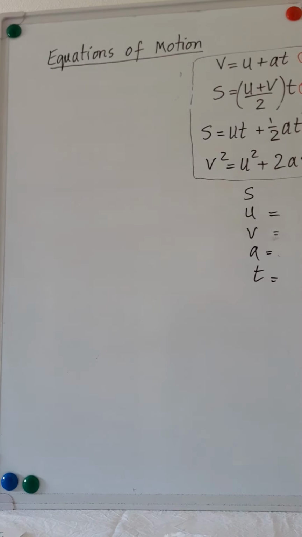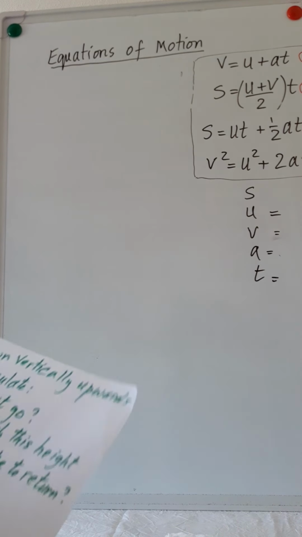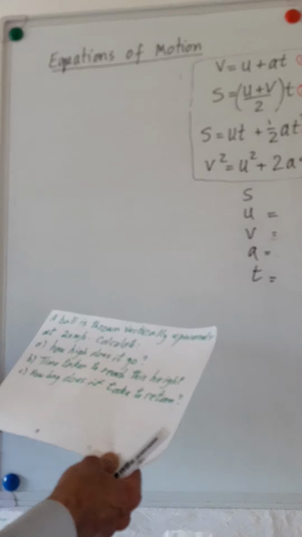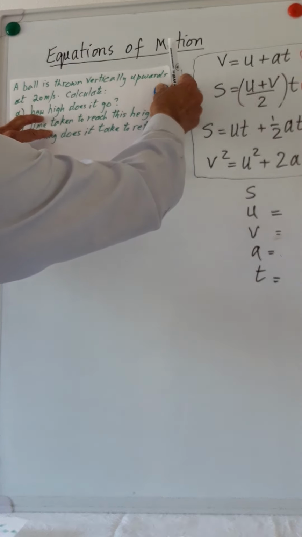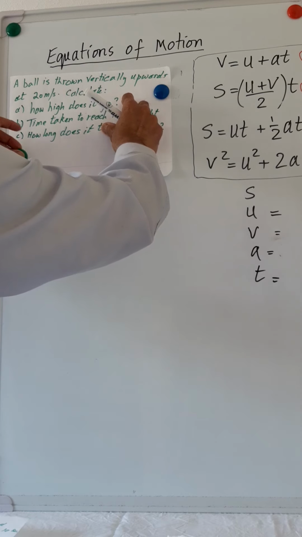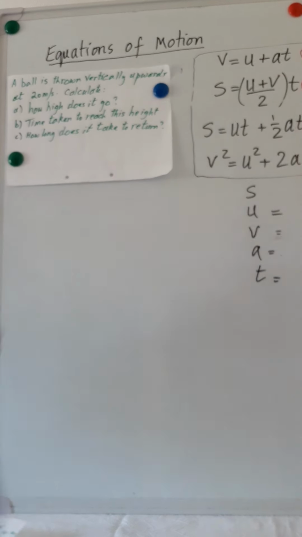Now, what I've done is, I've written this on a piece of paper instead of having to write it on there. So I'll hang it up there. I hope you can see it fairly clearly.